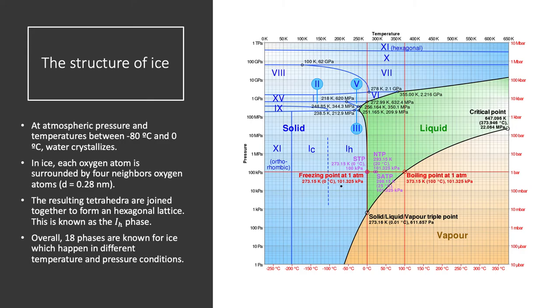This Ih is what we would have in our fridge and in the atmosphere. But this is not the only way that ice crystals can be formed. Okay, so for example, if you decrease the temperature below minus 100 degrees, then you'd have another phase.